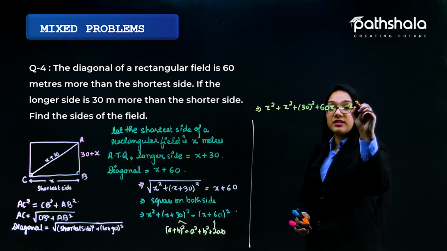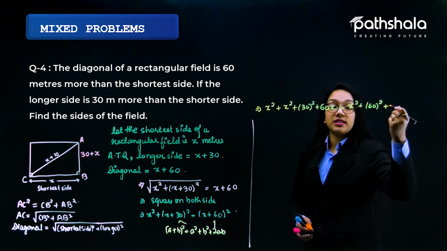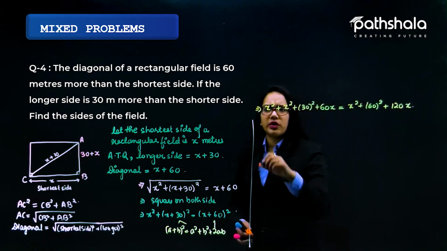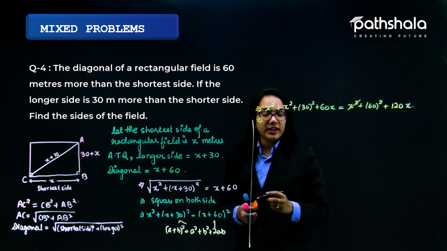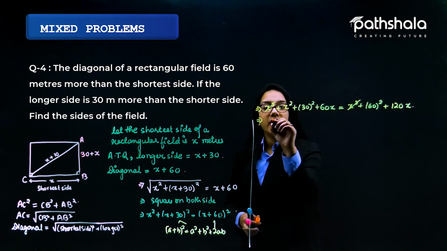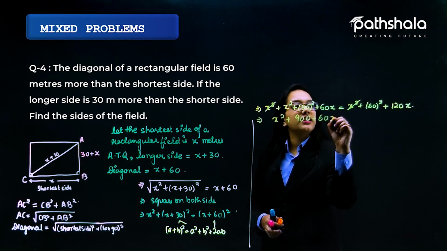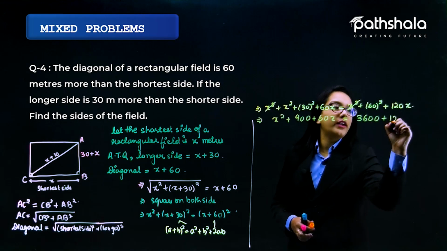So this would be x square plus 60 square plus 60 into 2, which is 120x. So let's just sort it out. First of all, we have x square over here, so both of the values get cancelled with each other. Furthermore, we have x square plus 30 square, which is 900, plus 60x, which is equal to 3600 plus 120x.